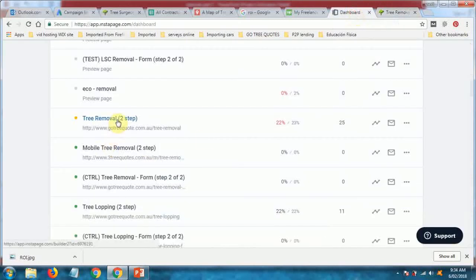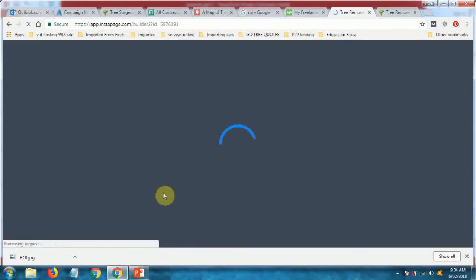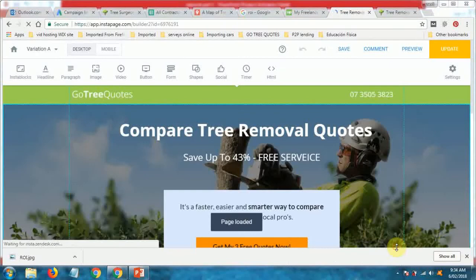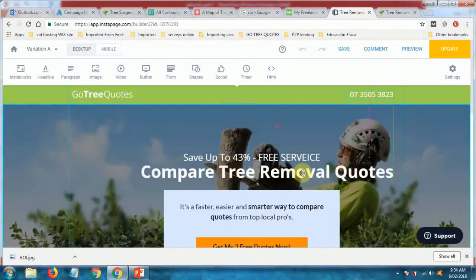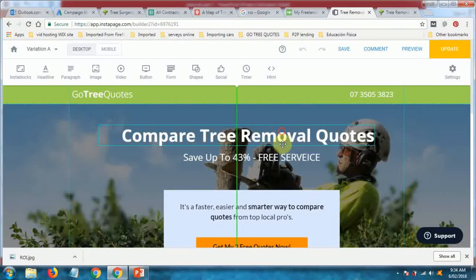I'll just show you the guts of the form, or the guts of the Instapage. It's just a drag and drop setup, very easy to use if you wanted to fiddle around with it on the weekend. So you can see here it's all in blocks. I can pick this up, put it wherever I want.